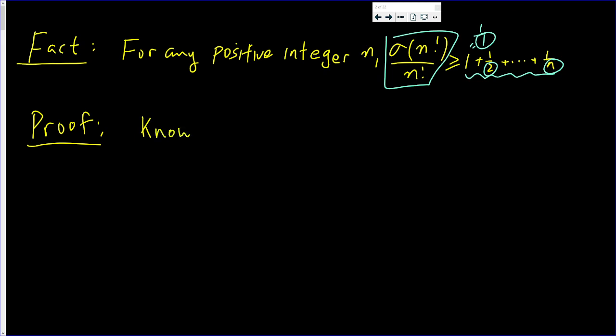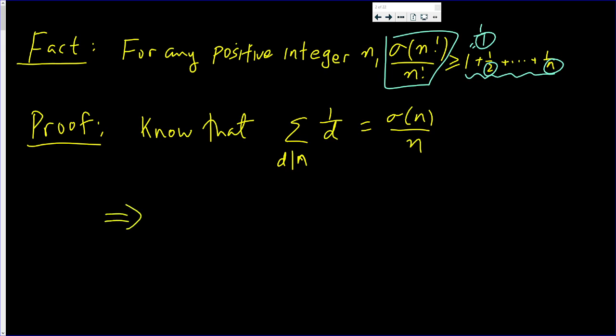If you've been watching my videos, you should know the following: if you add up 1 over d, where d are all the divisors of n, you get sigma of n over n. But n is any number.